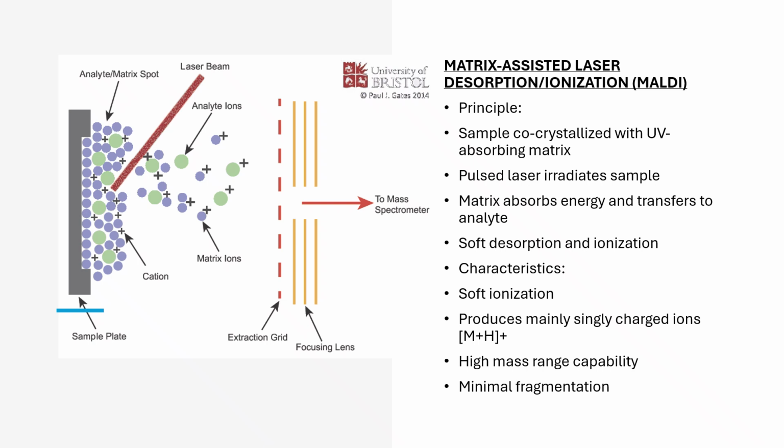Unlike ESI, MALDI typically produces singly charged ions. So you get M plus H, not multiply charged species. This makes the spectra much simpler to interpret, especially for complex mixtures.